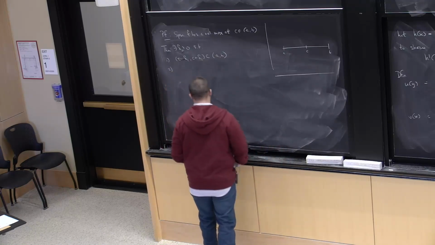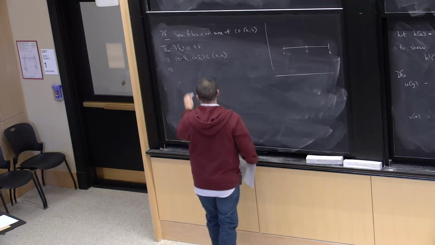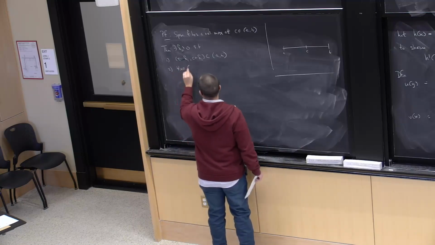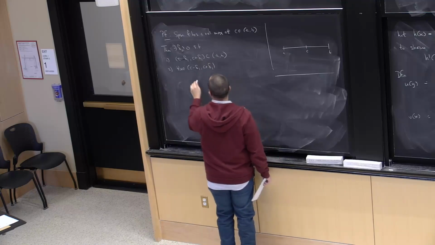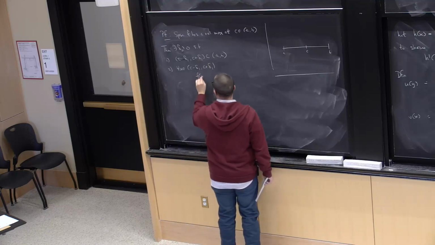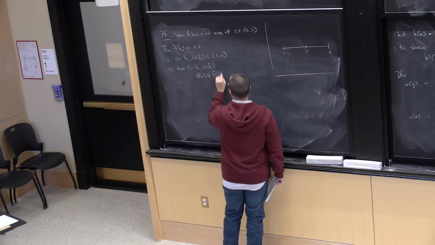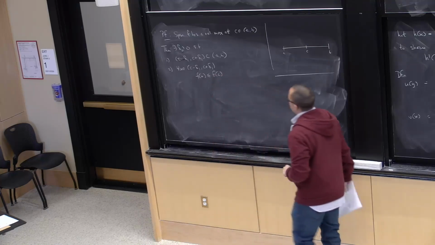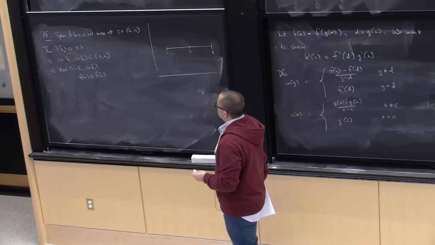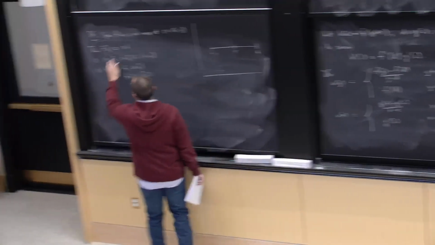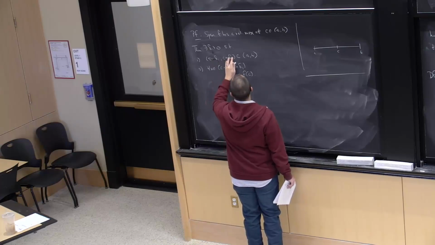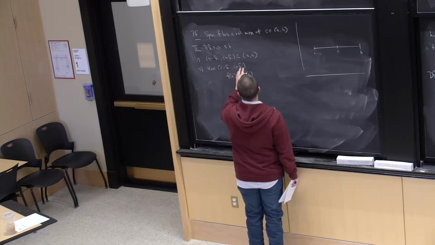Two, for all x in (c minus delta 1, c plus delta 1), f of x is less than or equal to f of c. Okay, so delta 1 is chosen as the minimum of, so maybe let me not call it delta 1. Let me just call it delta.